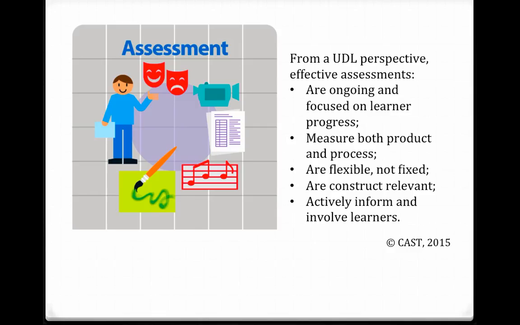All right, next, it's important to think about assessment. From a UDL perspective, effective assessments are ongoing and focused on learner progress, measure both product and process, are flexible, not fixed, and are construct relevant. Construct relevant refers to those factors that are directly related to the goal the assessment is intended to measure.